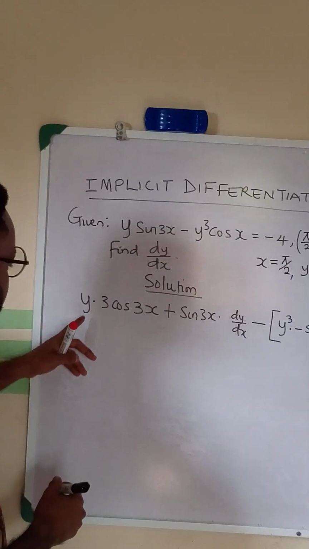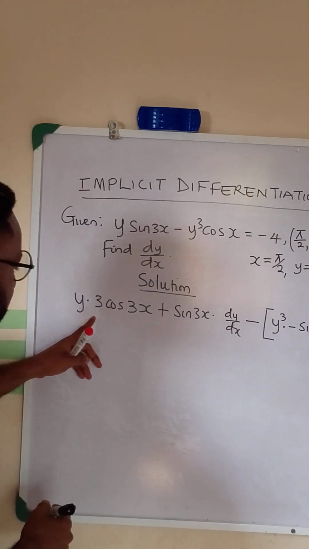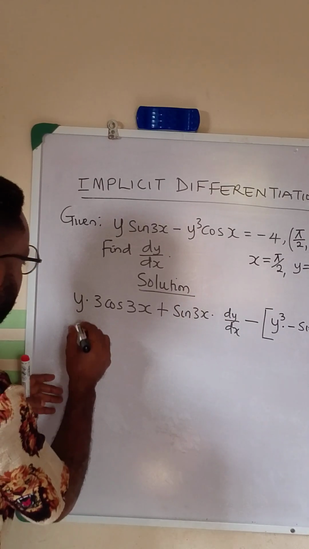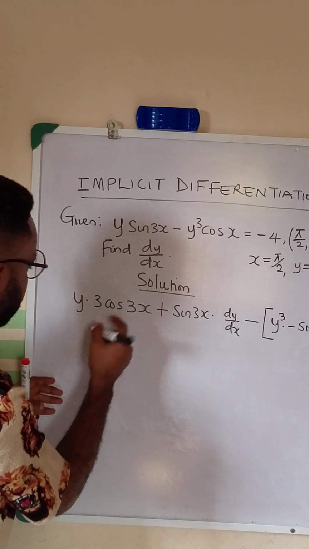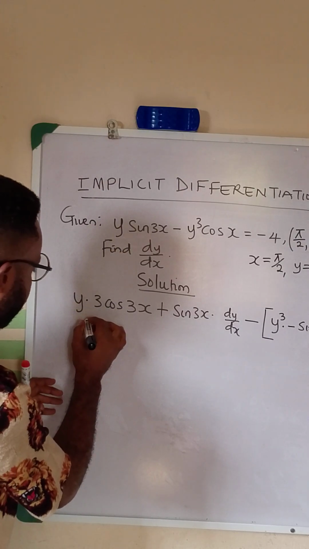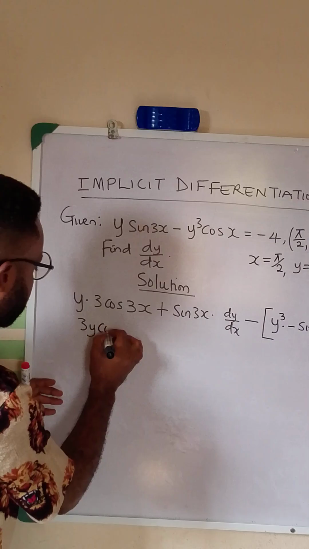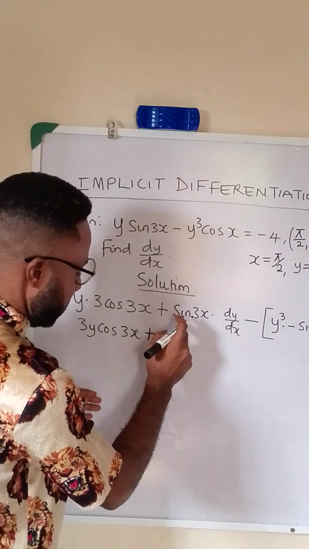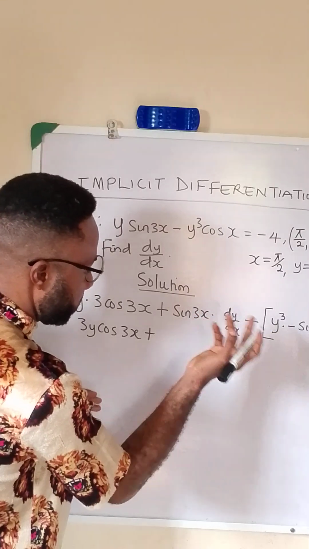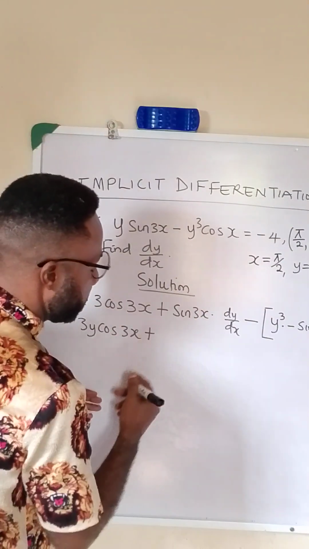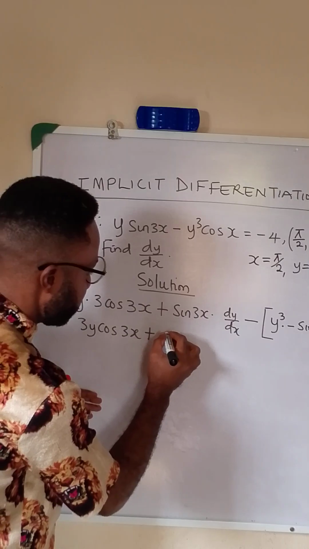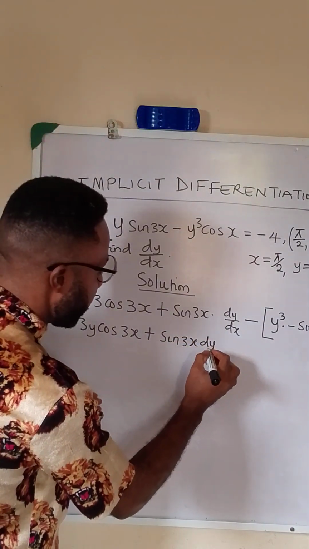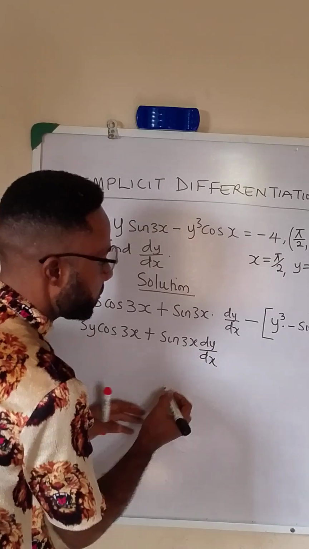At this point you can say y times cos 3x will give us 3y cos 3x plus sine 3x. This dot means multiplication times dy dx, so that will give us sine 3x dy dx.